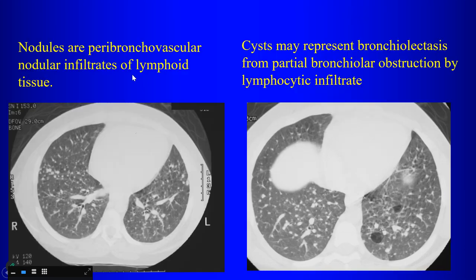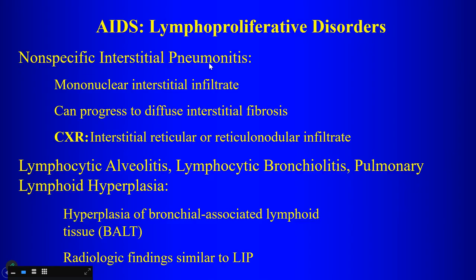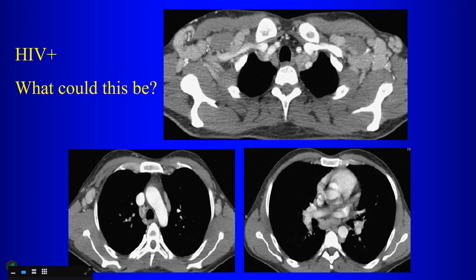Sjogren's, yeah. More often it's associated with Sjogren's syndrome. You can have peribronchovascular nodules or that perilymphatic distribution of nodules, and you can have cysts associated with LIP. There are other lymphoproliferative disorders that can also be associated with HIV. These would be very difficult for you to diagnose prospectively.